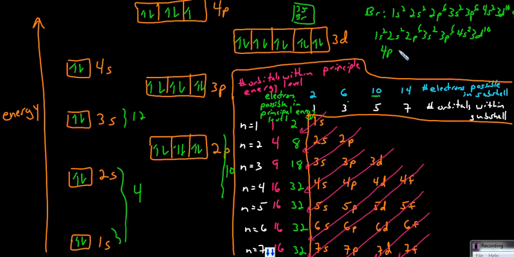How many do we have so far? 2, 4, plus 6 is 10, plus 2 is 12, plus 6 is 18, plus 2 is 20, plus 10 is 30. We have 30 so far, but we only got 35. Normally we might fill in 6 here, because we can fill up to 6 electrons in the 4p subshell, but we don't have enough electrons to fit in there. Actually, we only have 5 left, so we'll write 4p5. This is the electron configuration for bromine.